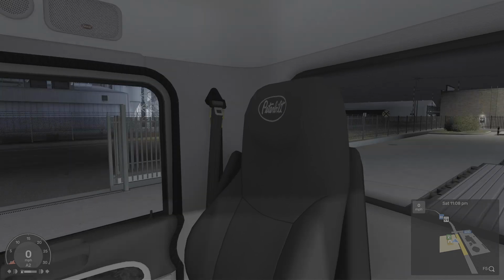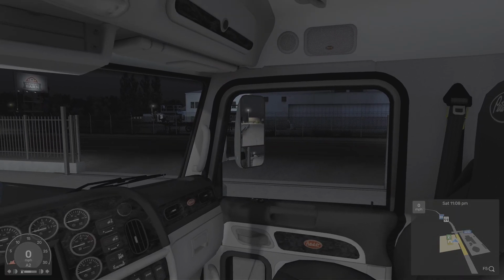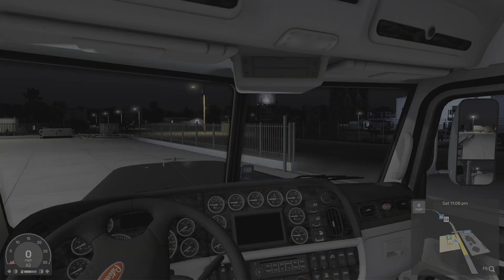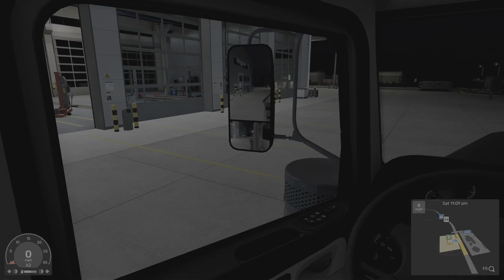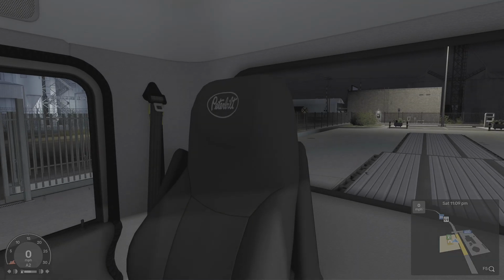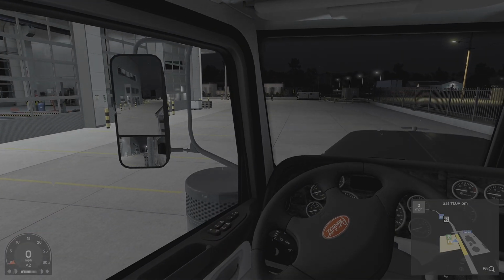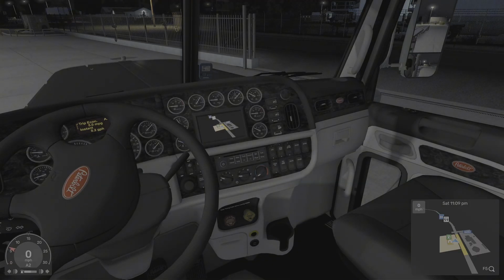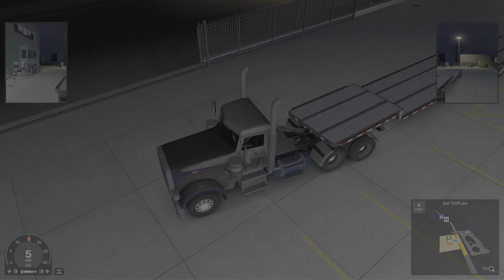Do not confuse yourself. Do not think for a moment that that mirror is going to show you something that this mirror cannot show you. So you have a box truck up there. You cannot see once your angle has changed.